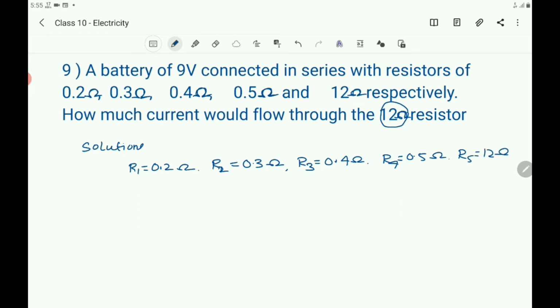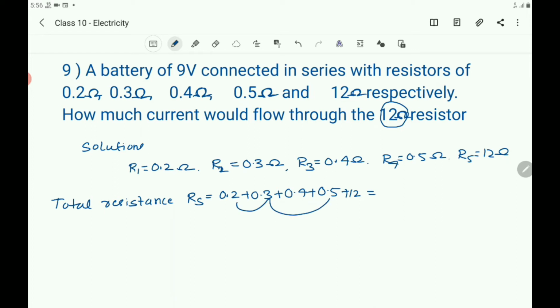Now the total resistance Rs. As the connection is in series, total resistance Rs equals 0.2 plus 0.3 plus 0.4 plus 0.5 plus 12, which equals, here 2 plus 3 is 5, 5 plus 5 is 10, that is 1, and 12 plus 1 is 13, so 13.4 you will get.